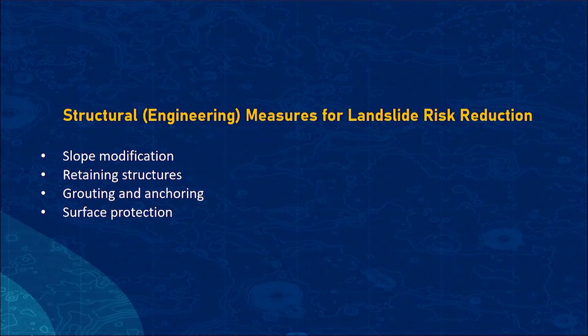Grouting and anchoring strengthen weak or fractured rock and soil. Cement or chemical grout is injected into cracks to fill voids and increase cohesion. Rock bolts, soil nails, or ground anchors are installed to tie together unstable masses and prevent movement.